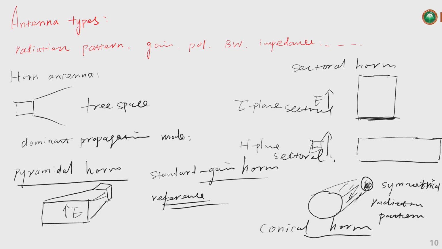So that kind of antenna is very commonly used. And also, the conical horn is used to achieve different kinds of radiation patterns with reflectors.